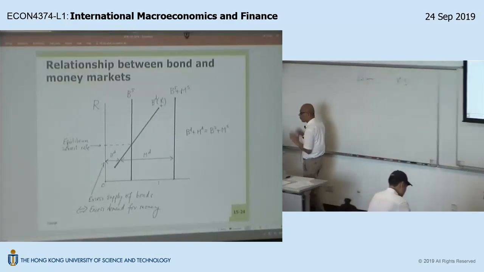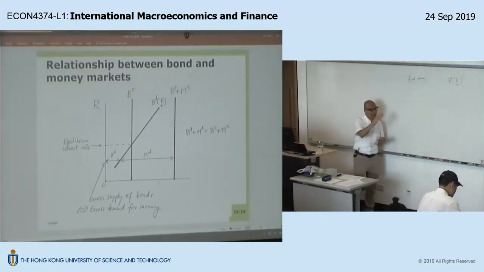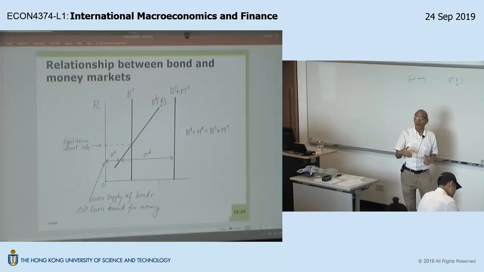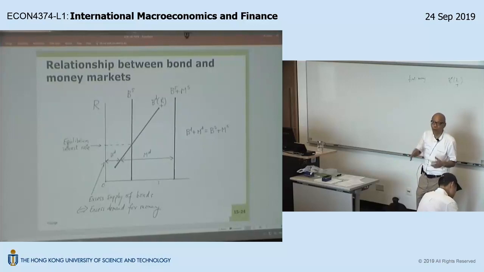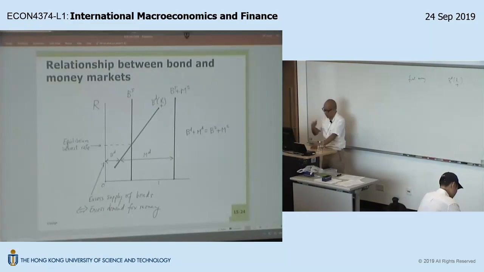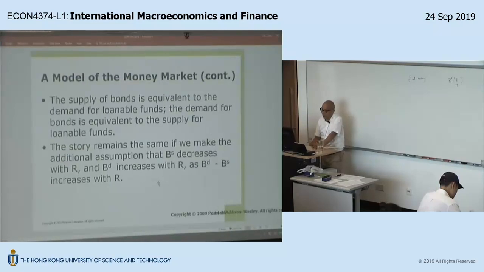More realistically, the BS curve should be downward sloping, because people want to borrow more money and invest more when the interest rate is lower. But the story will be just the same, so I try not to make it too complicated.